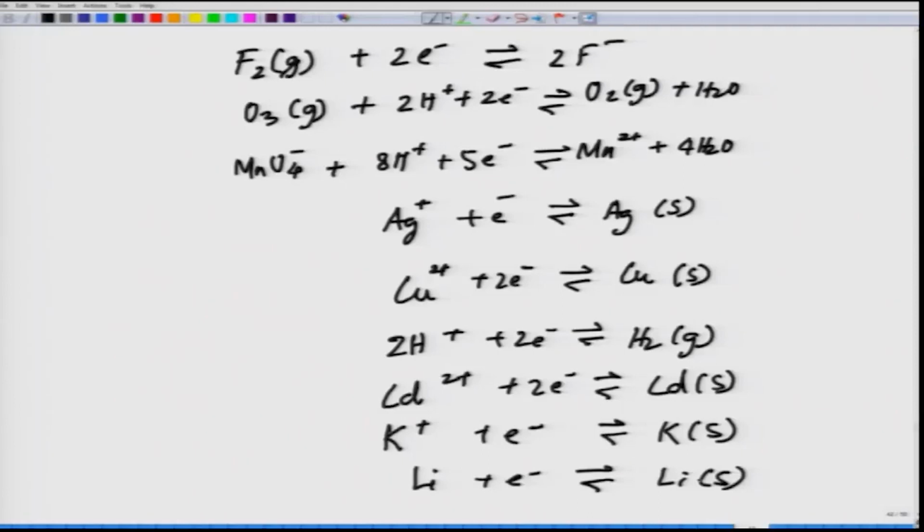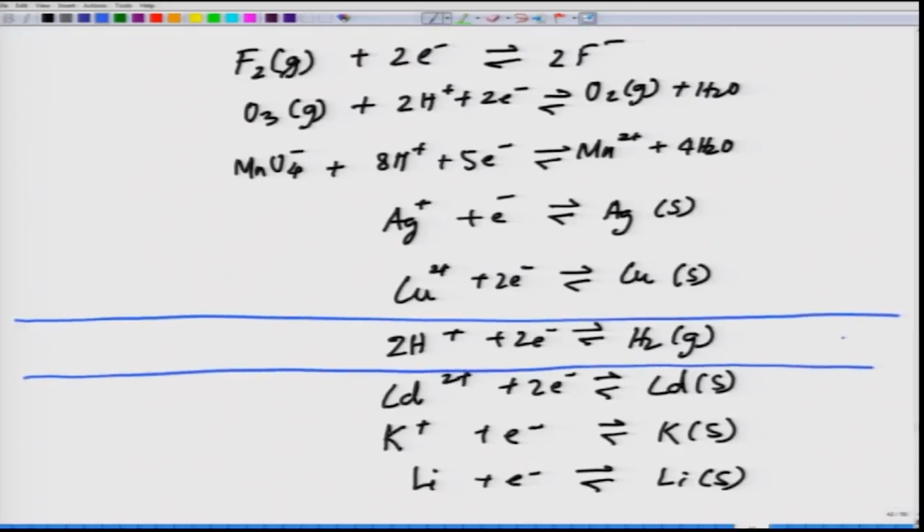Now you remember one of the values, right? This value all of you remember. Now what I am giving you is E0 values in this column, E0 in volt, the standard reduction potential, for these agents.